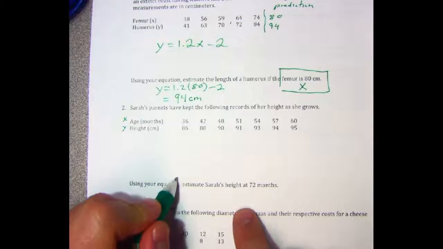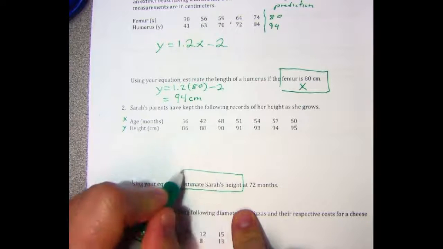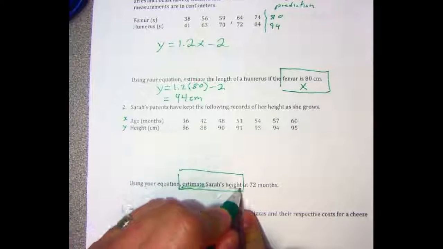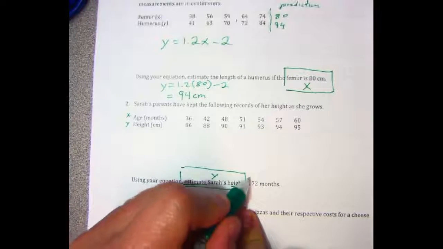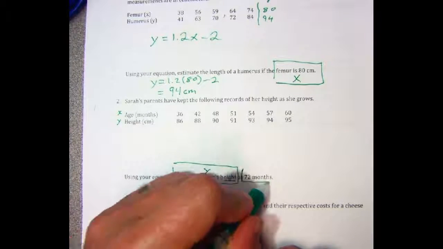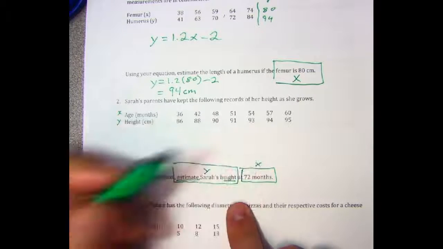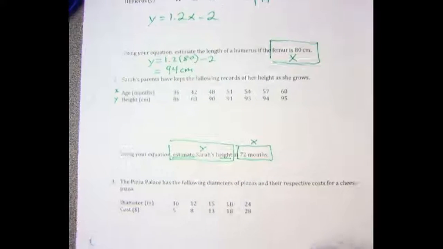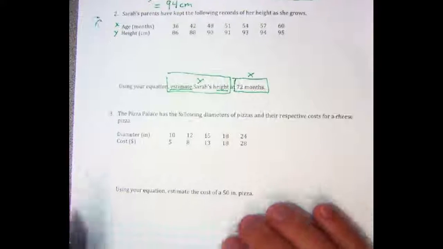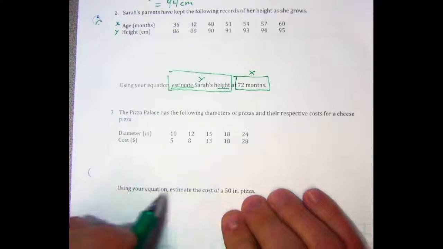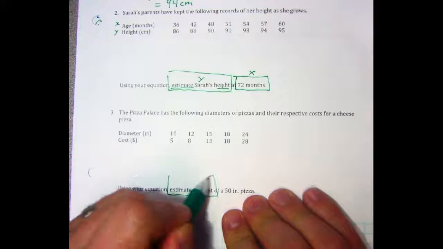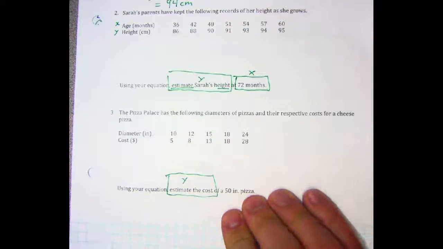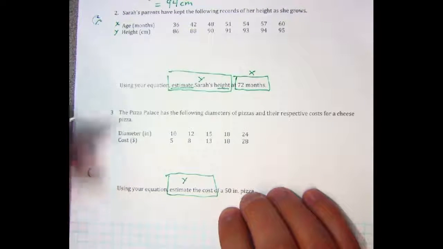So here, if we're trying to estimate the height, I know that goes on the y, which means my time should go on the x. There are fancy names for this, but that's just a way of deciding which one should be on x and which on y. Which one are you trying to predict? Look at the question. It says estimate the cost. If you're trying to estimate cost, that means you want that on the y-axis.